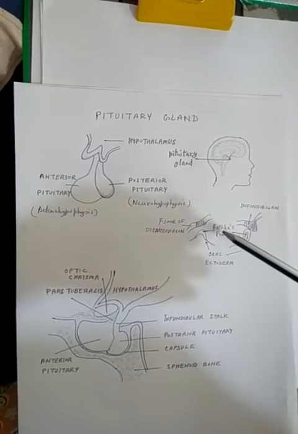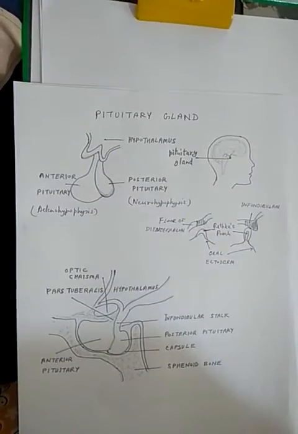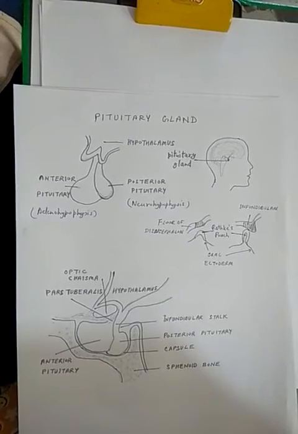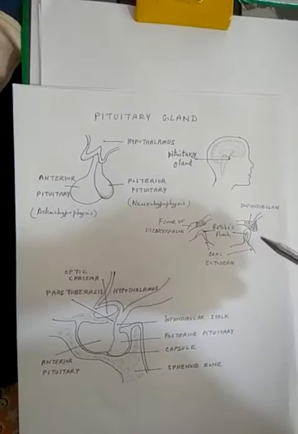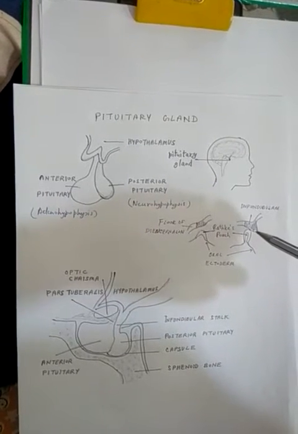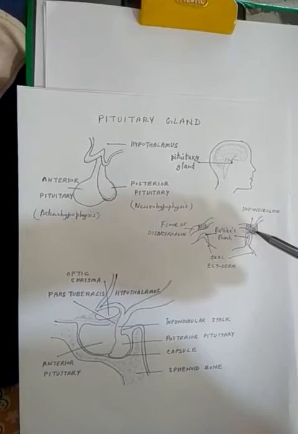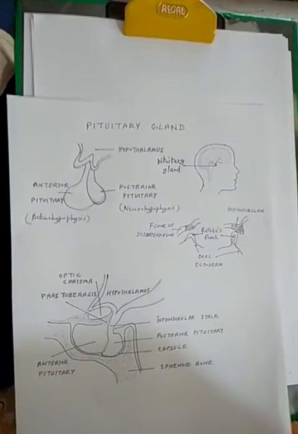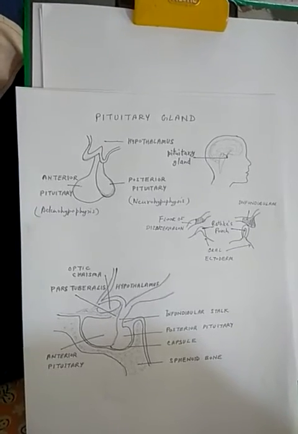This invagination of the oral ectoderm is called Rathke's pouch. It forms a pouch-like structure. Next, the Rathke's pouch breaks off and unites with the infundibulum to form the pituitary gland complex.